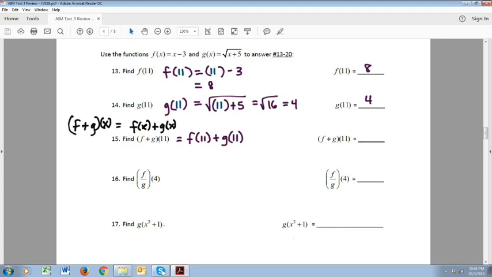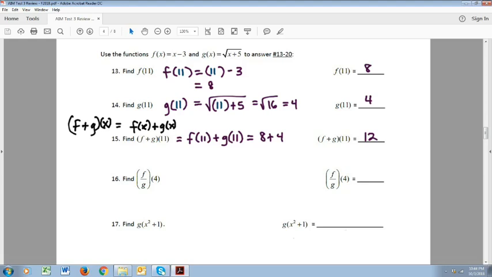In other words, (f plus g) of x is a new function that you get by adding these two functions together. But in this problem, it's (f plus g) of 11, so it's equal to f of 11 plus g of 11. And we already found those. That's 8 plus 4. And so we get 12 here.